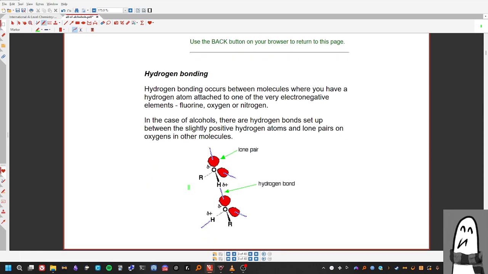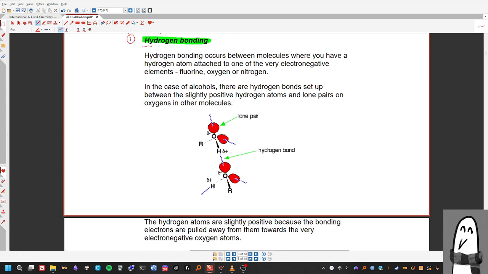The first thing we're going to be talking about is your hydrogen bonding. It's going to be your first indication of the pattern of the boiling points. So we're going to be looking at the patterns of the hydrogen bonds, which will reflect the patterns of the actual boiling points changing.